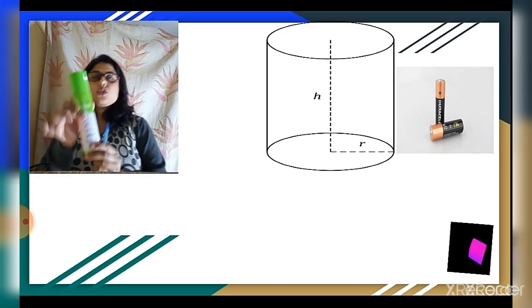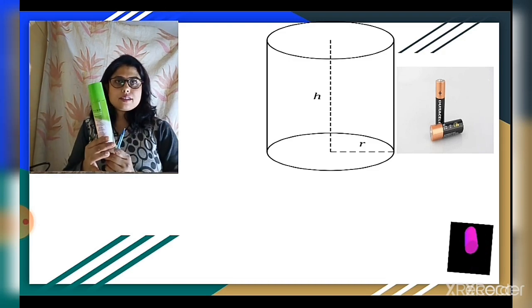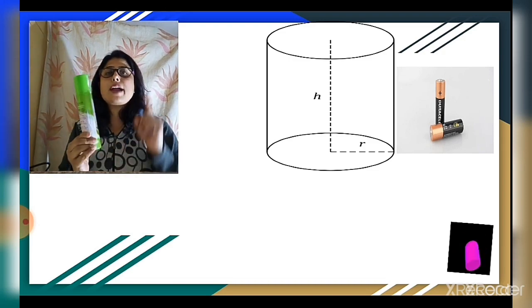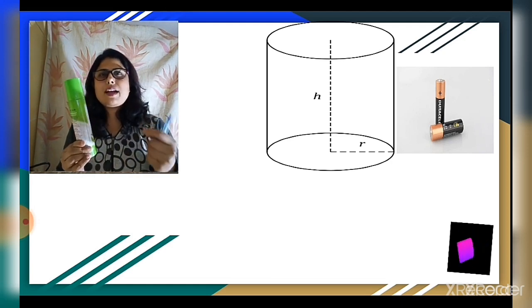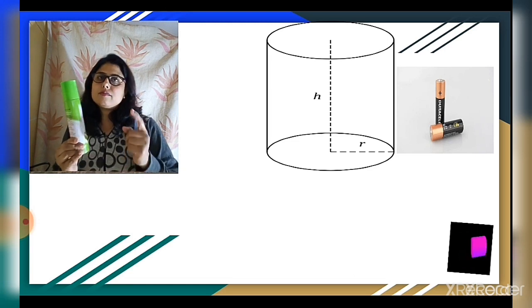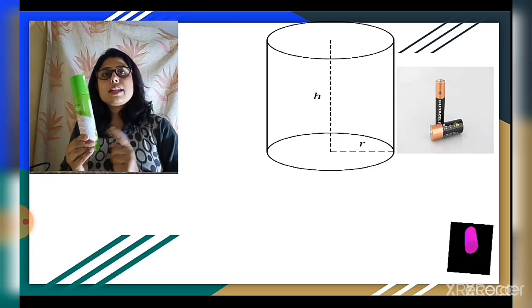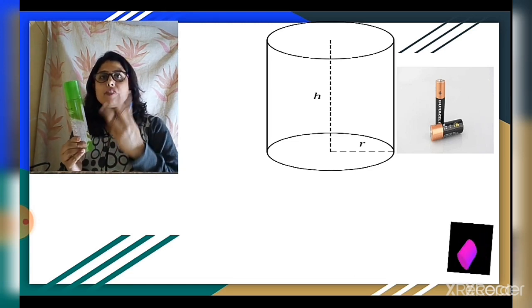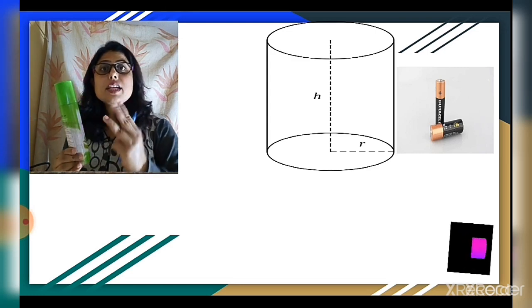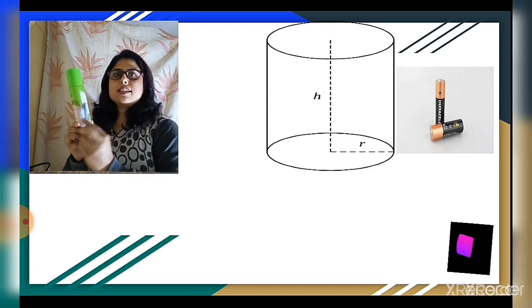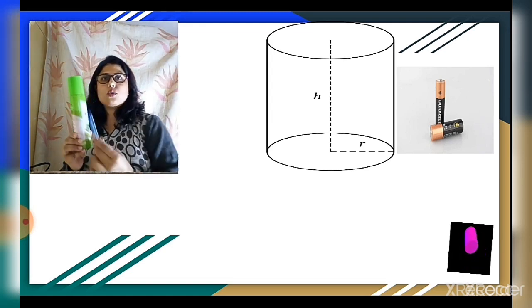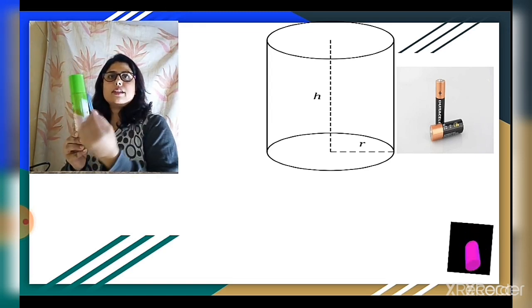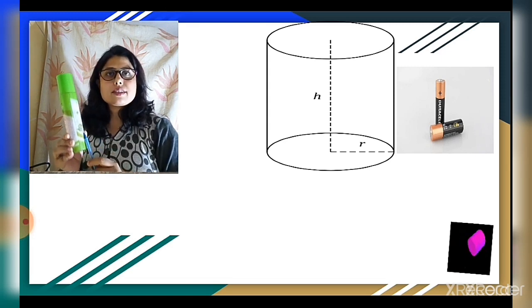So how many faces are here? Again the same discussion occurred and a few people are confused, but again I am telling you, a cylinder has three faces. Which are they? This is the curved face, this whole white color, this whole green color is the curved face.